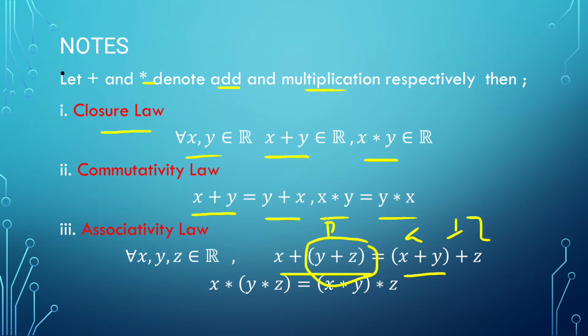So the solution will be the same. It doesn't matter the arrangement of addition or application of multiplication. That gives you the same solution, and that is called associativity law.